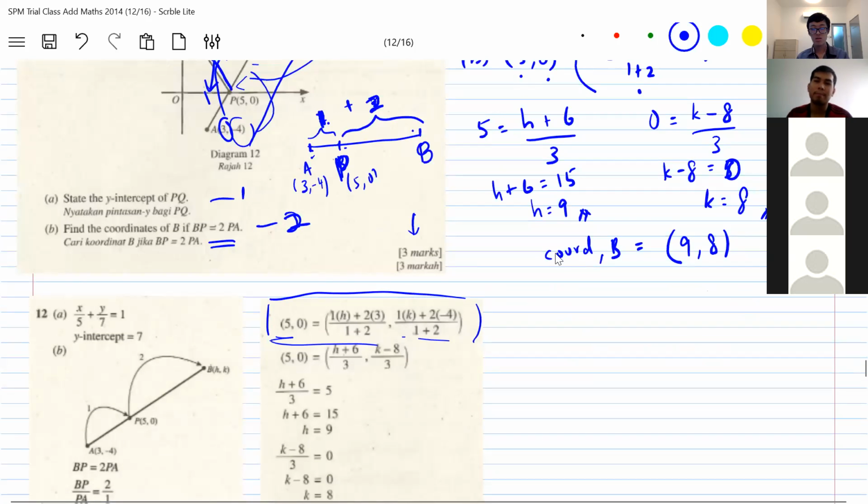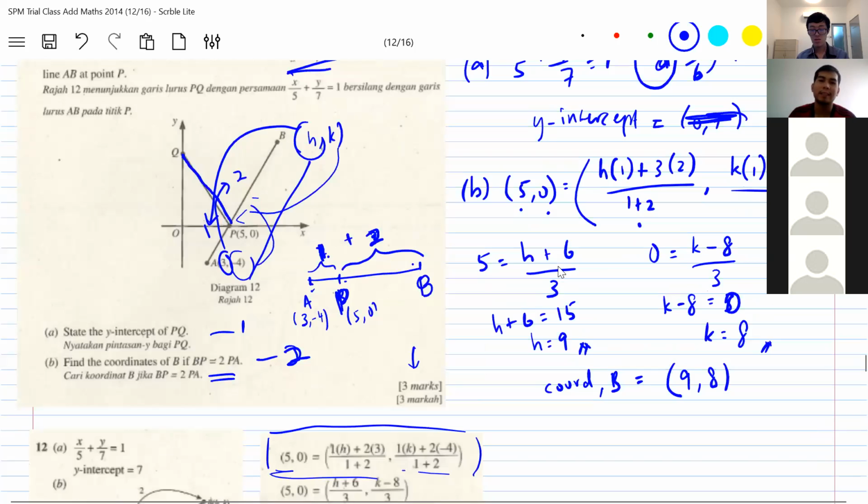Yeah? Makes sense? A little bit more means actually for y as well divided by ratio.